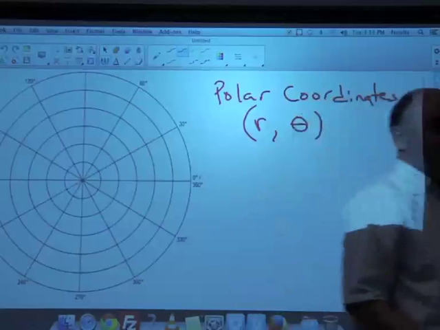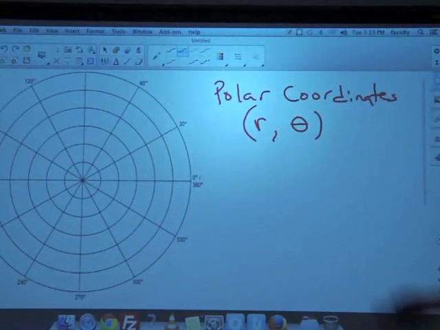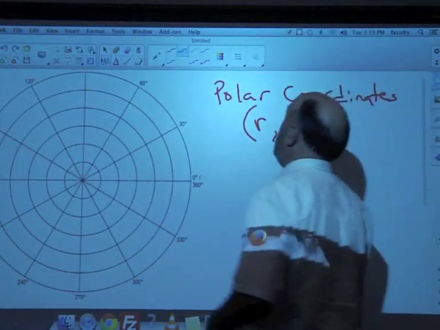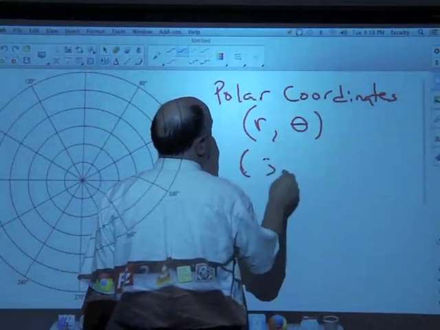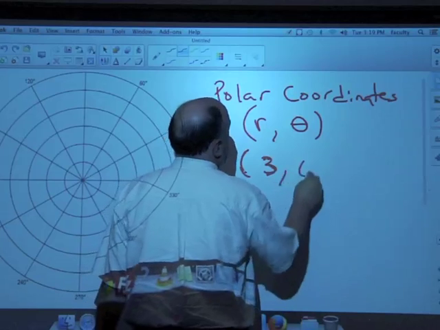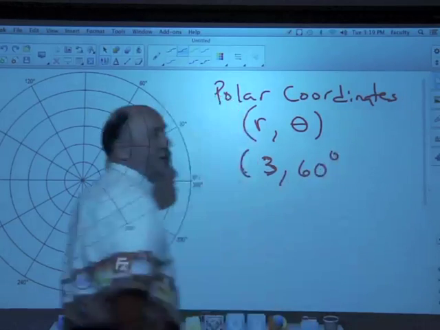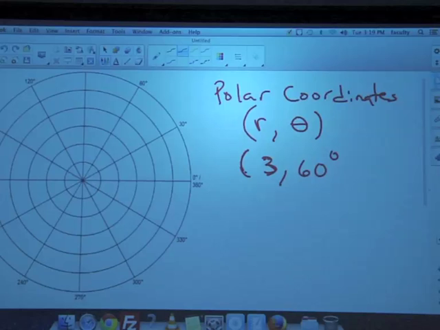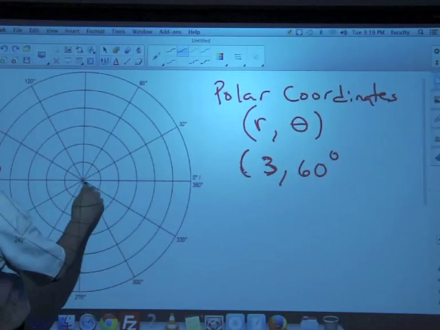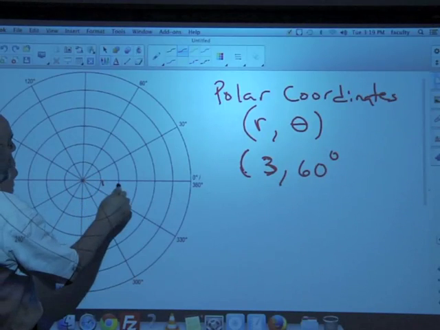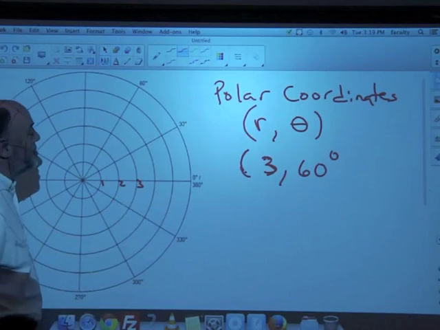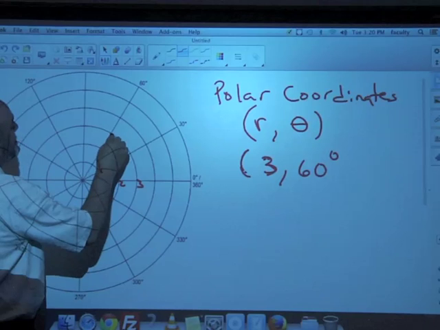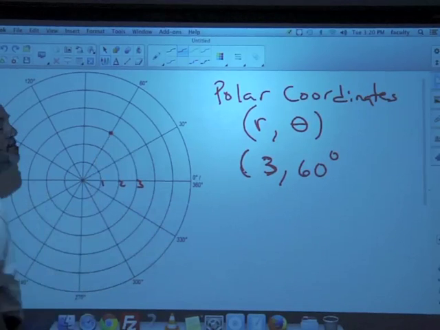Right? So for example, given my graph paper here, let's say I wanted to plot the point 3, 360 degrees. So in terms of my circles, I could say this is one with a radius of 1, this would be 2, that would be radius 3 on my increments. So 360 degrees, my point is right there.